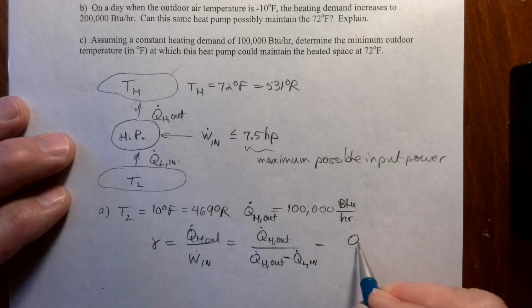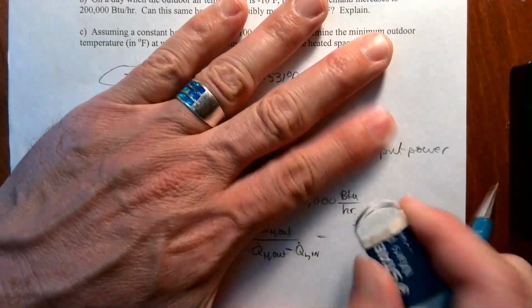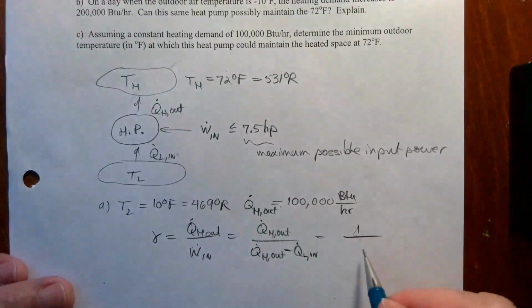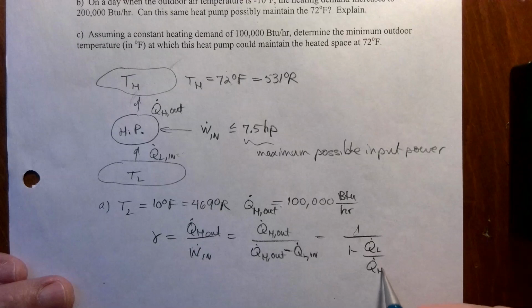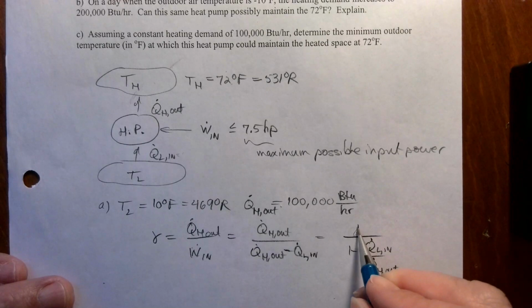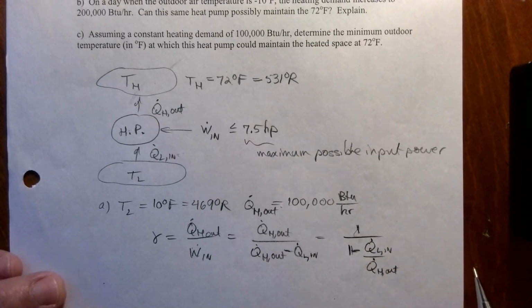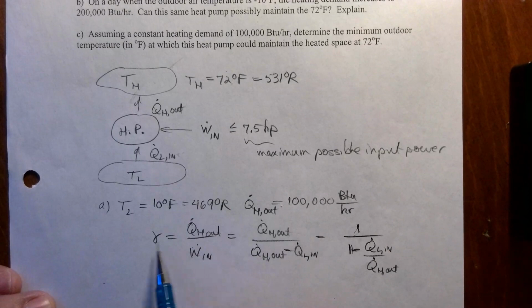Factor out QH, and we'll end up with a 1 divided by 1 minus Q dot L over Q dot H. This is H out, L is in, and those are dots. Okay, so all I did was work to get this expression for the performance expressed in terms of a ratio, and now I can substitute TL over TH to get the maximum or the reversible performance, 1 over 1 minus TL over TH.